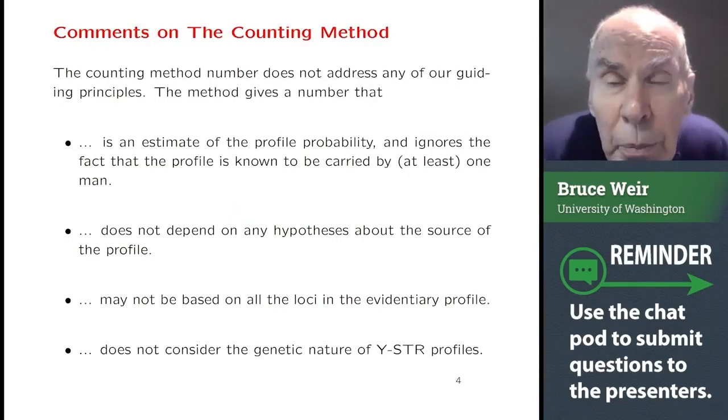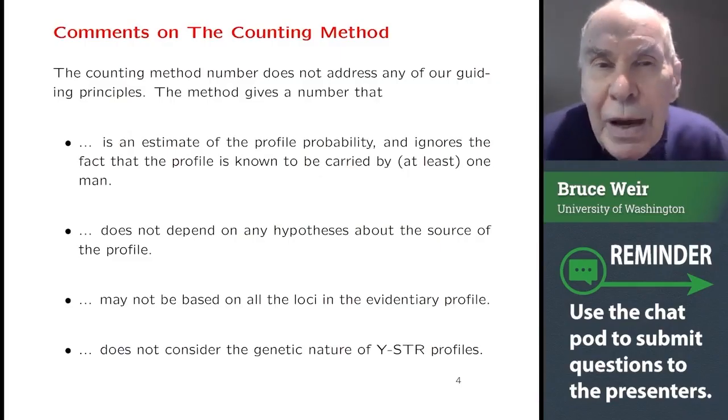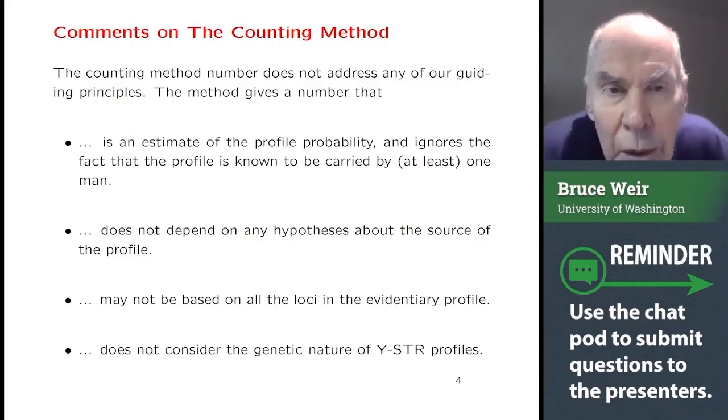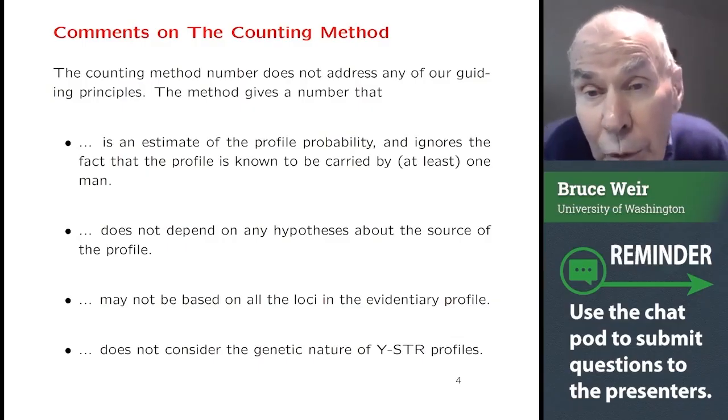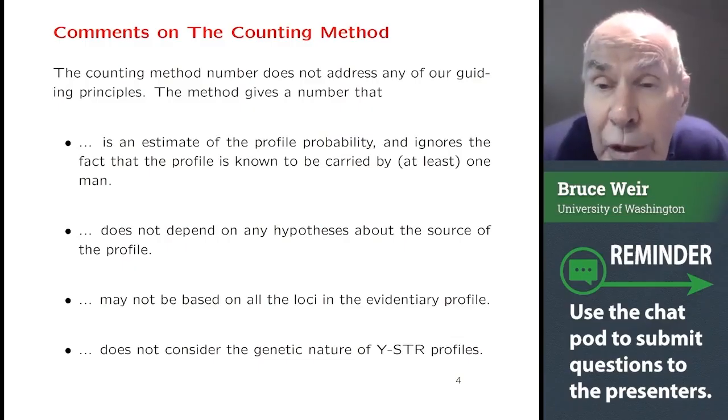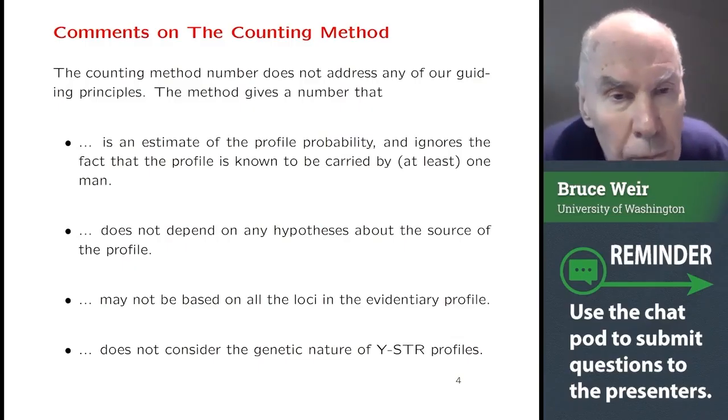It's useful, but it doesn't really address any of our guidelines. So it is an estimate. It's a good estimate of the probability a random man has that particular profile. But it doesn't take into account that we already know that the profile is carried by at least one person, typically the defendant in a trial, the suspect before we get to a trial.